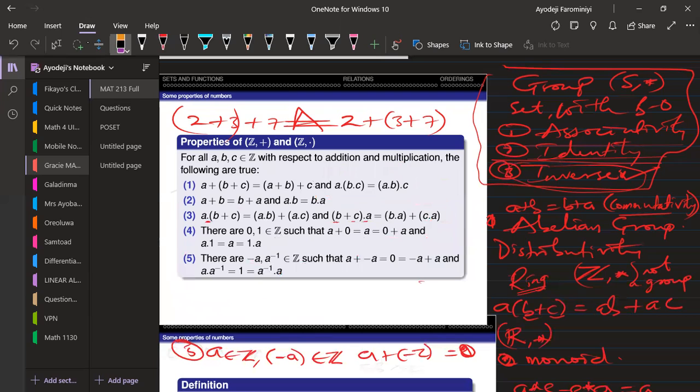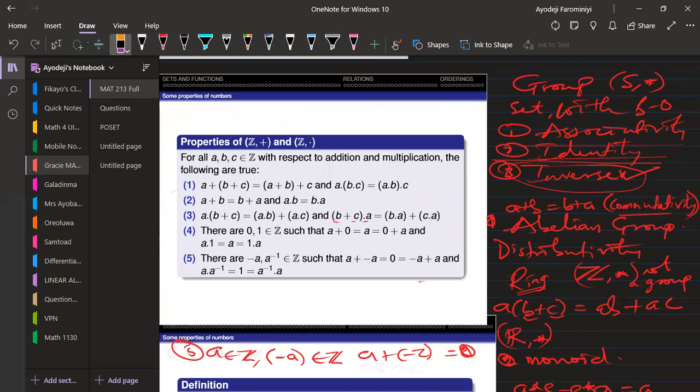Of course, we know that it is associative. There exists an identity element. What is that identity element? I said one.